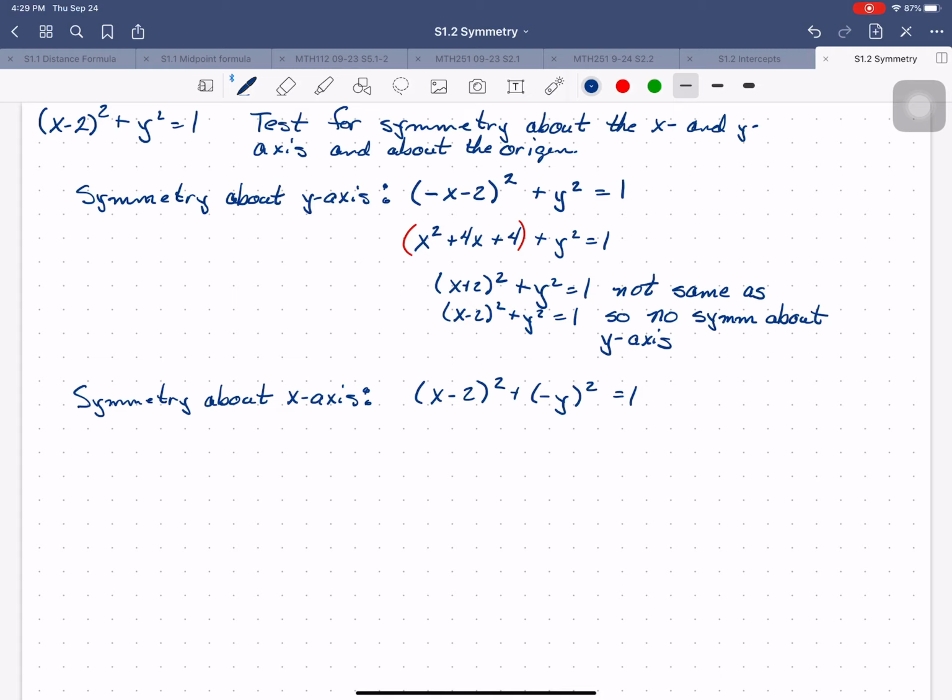We're going to simplify that. Okay, we can leave the x minus 2 squared. We don't need to do anything with that. Simplify the negative y squared, we just get y squared. Ooh, that is the same as my original. So this relation is symmetric about the x-axis.